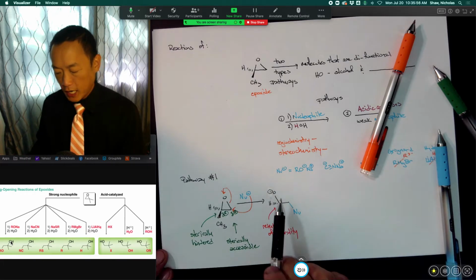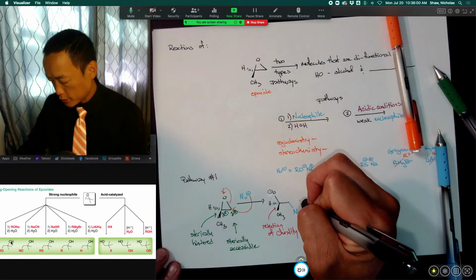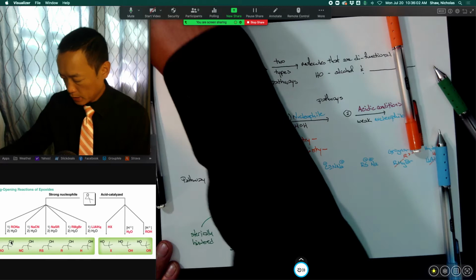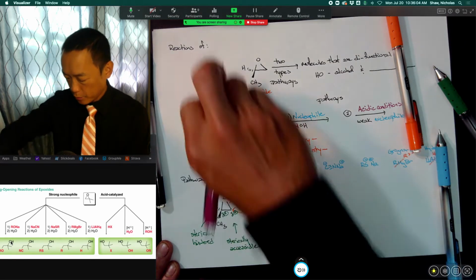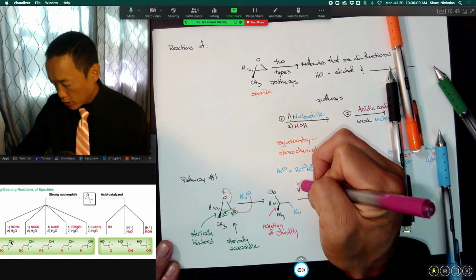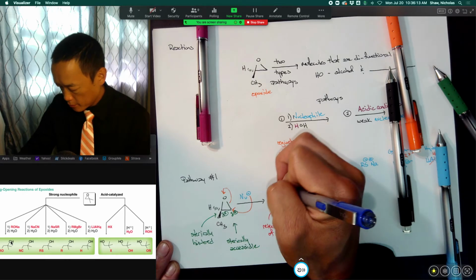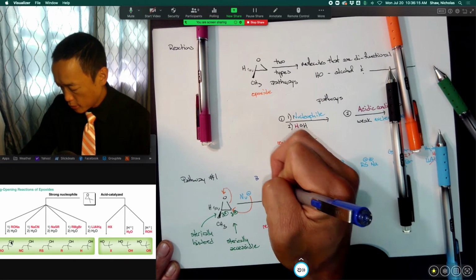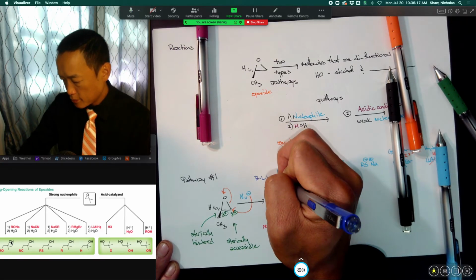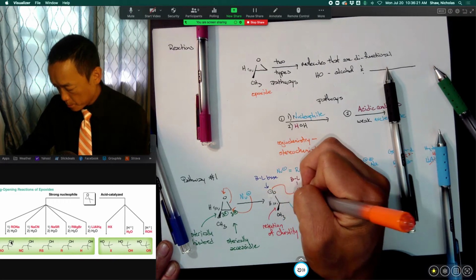Well, that's an alkoxide, and the second step of this is addition of water. HOH, Bronsted-Lowry acid, Bronsted-Lowry base, simple deprotonation, protonation step.